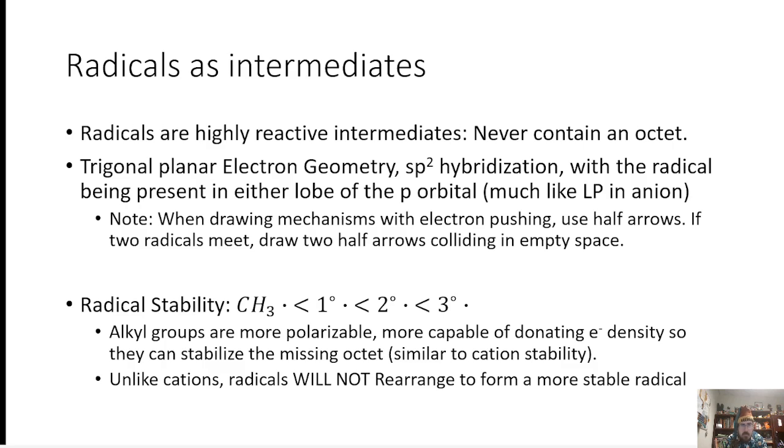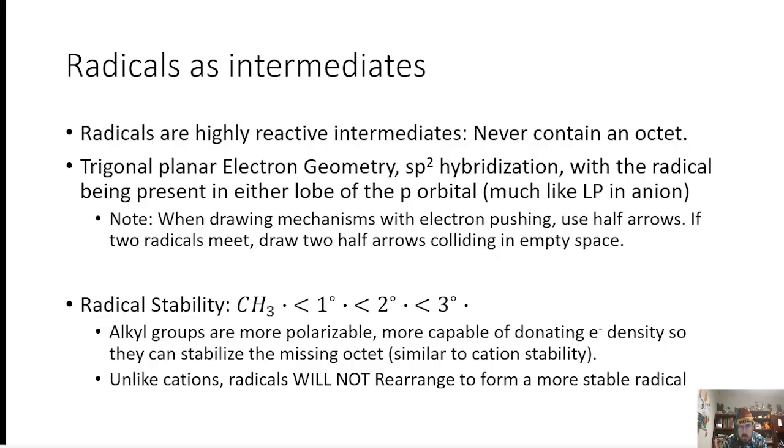Now, trigonal planar, the one thing to note about them is they will have trigonal planar electron geometries. They will essentially be sp2 hybridized, meaning you're going to have a flat structure with 3 sigma bonds and a p orbital with a radical in it.